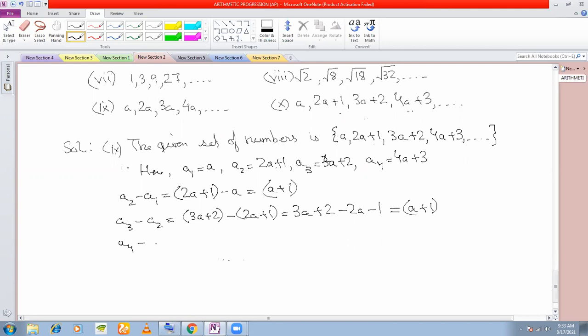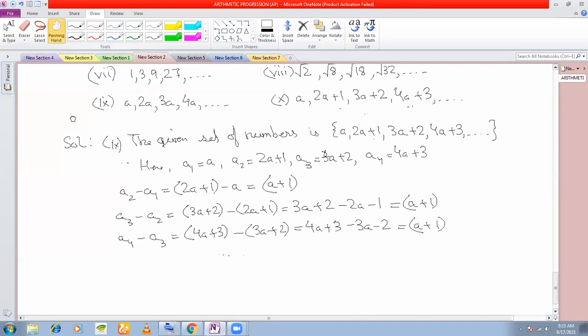A4 minus A3, 4A plus 3 minus 3A plus 2. Open the brackets, A plus 1. So this forms an AP.